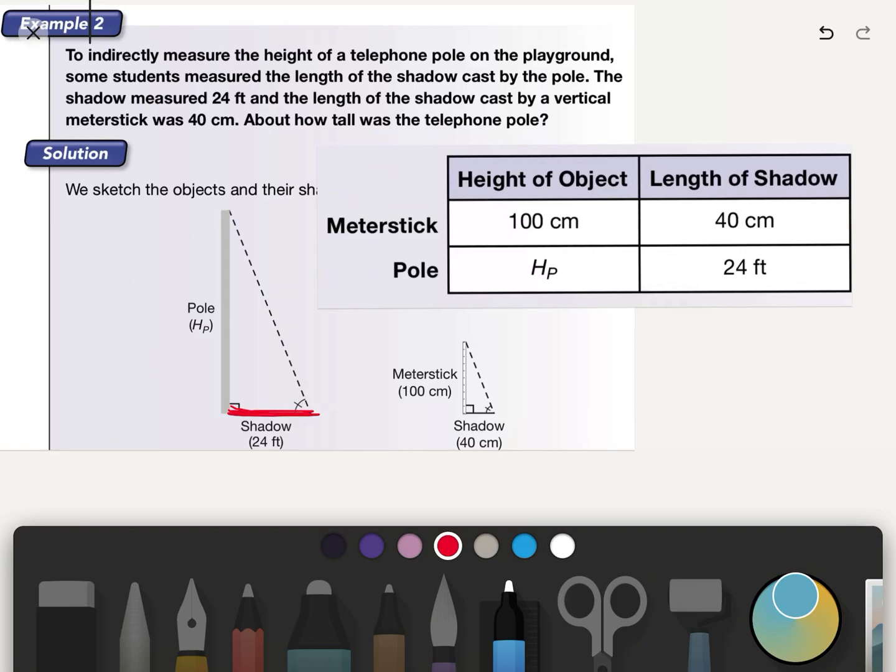And then they took a meter stick, and by the way, pretty unscientific to be using two different forms of measurement, isn't it? That's okay.